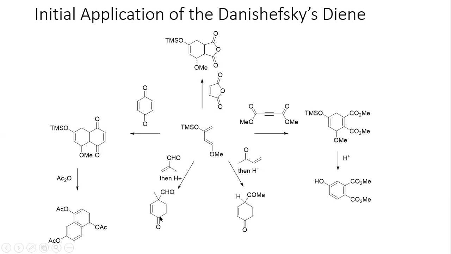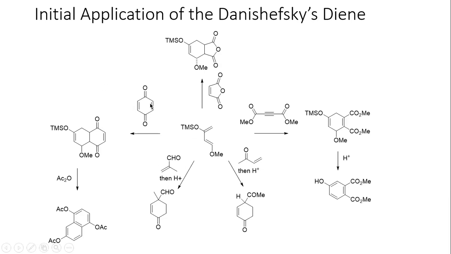And then they also tested this particular diene, the Danishefsky diene, with this quinone type species here, right? Reacted that, you get the obvious product, and then you could also consider what would happen if you reacted this with two equivalents of the Danishefsky diene, then you'll get a tricyclic system, right?